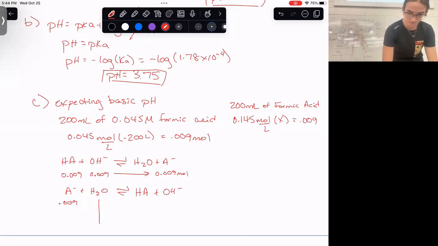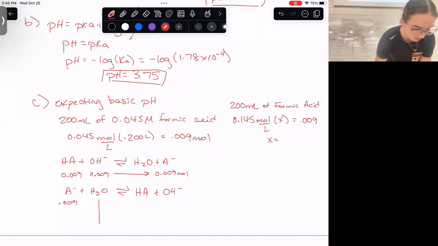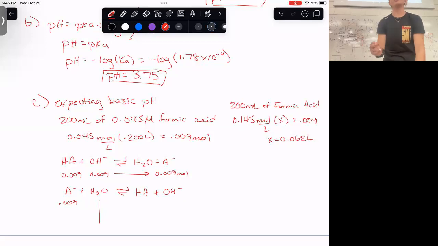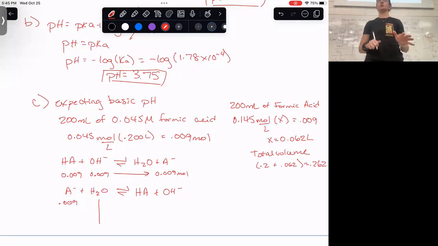Okay, so X would be equal to 0.062 liters. We can add that to our 200 milliliters. So the total volume is 0.2 plus 0.062, so we get 0.262 as our final volume in liters.